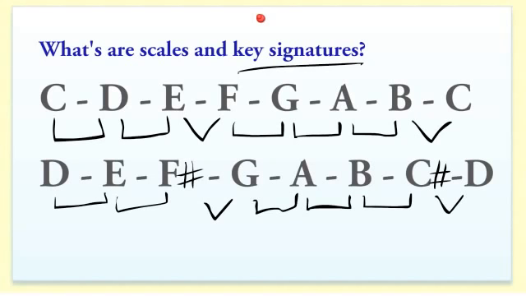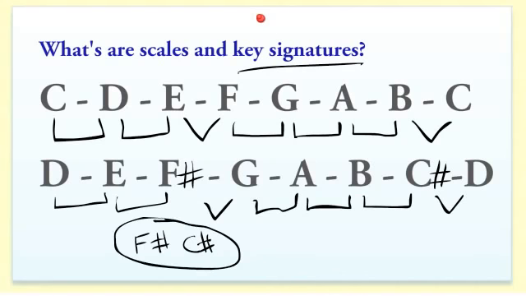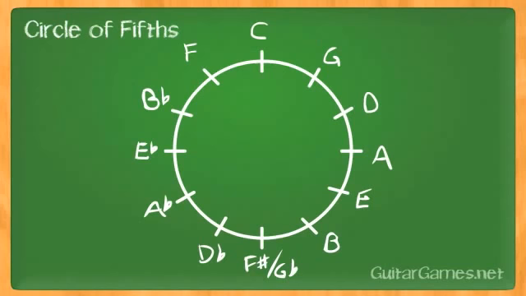Since I know there's going to be one of each letter name, and I know that there's 2 sharps, I can just say that the key of D has this key signature right there. If I say the key signature for the key of D is 2 sharps, F and C, then I know how to make the scale. Put one of every letter name, and I adjust F and C. Alright, now how does this apply to our friend, the circle of fifths?